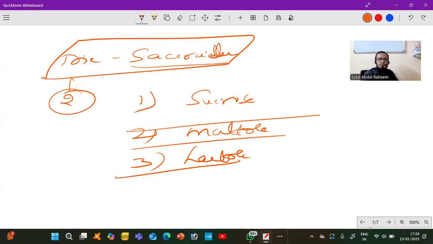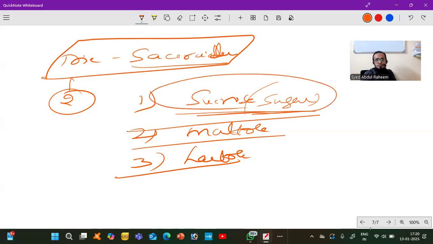Sucrose is also known as sugar. Whatever sugar we eat in daily life, in tea, coffee, etc., is sucrose. It comes from sugar cane, and we call it refined sugar.